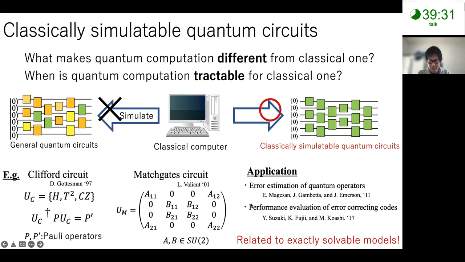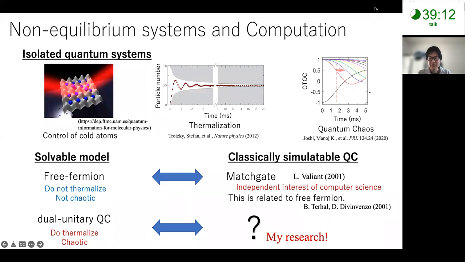It means that the calculation is easy for a classical computer or a human. So it's natural to expect that it's related to exactly solvable models for non-equilibrium physics. So I want to talk briefly about how non-equilibrium systems are related to quantum computation.